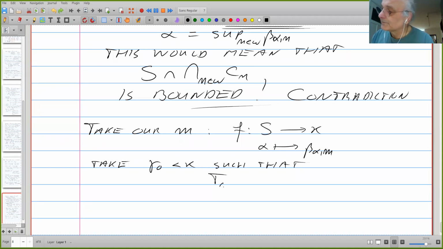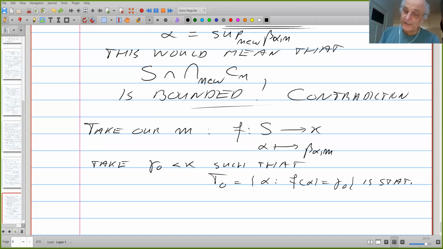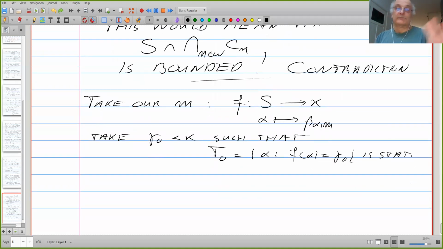T0. We have a regressive function, we have Fodor's lemma, so we know that the function is constant on a stationary set. Well, we can take gamma 0 to be the smallest value for which this is stationary.